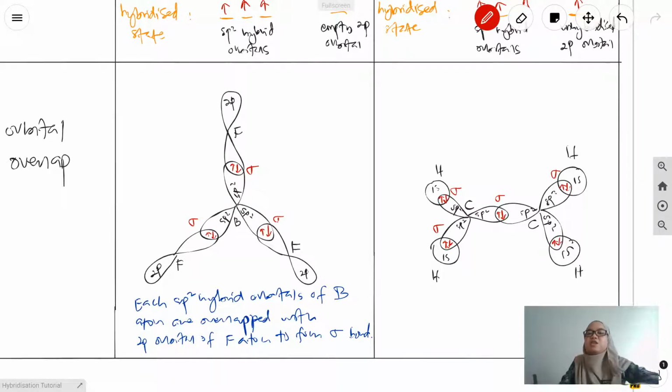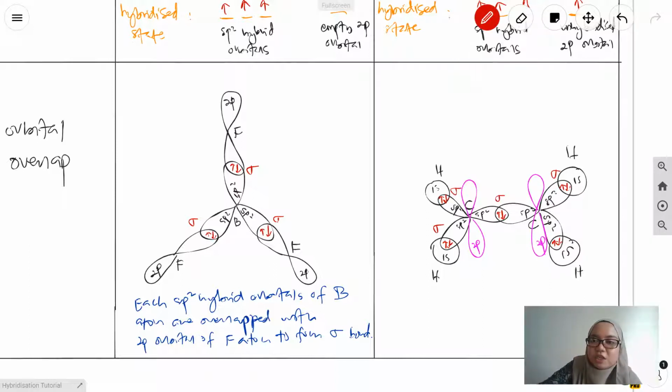So lastly we need to draw the pi bond. For the pi bond we need to have the same orientation. So in this case we just draw the vertical one, like this. Unhybridized 2p orbital for this carbon and unhybridized 2p orbital for this carbon.